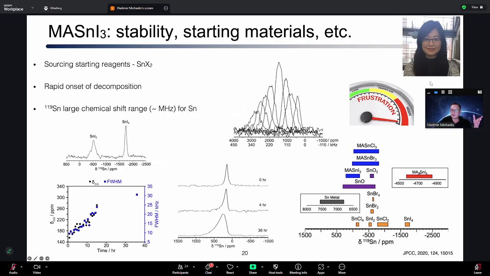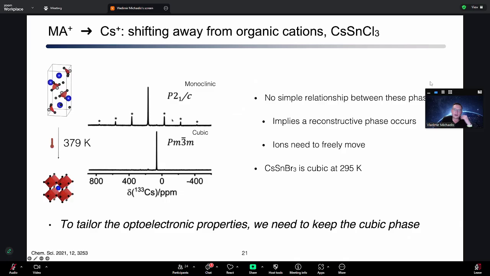What ends up happening, though, is when you oxidize this to a tin 4+ state, you start seeing signals around minus 5,000. So you actually have about 1 to 1.2 megahertz, or over 10,000 ppm chemical shift range for tin, which is huge. So that gives you the potential for having high resolution data. Okay, that's really important.